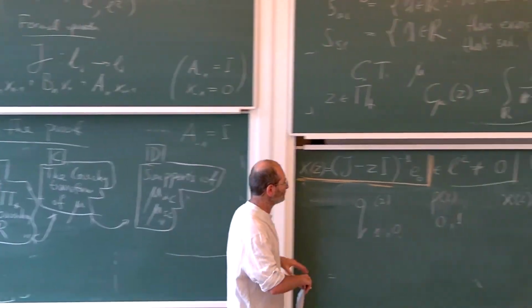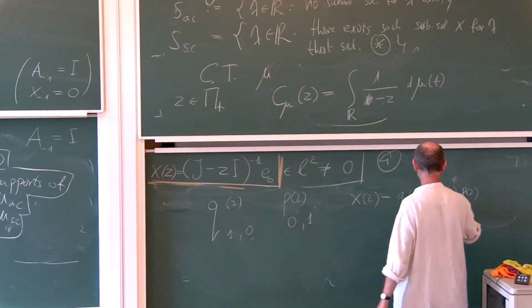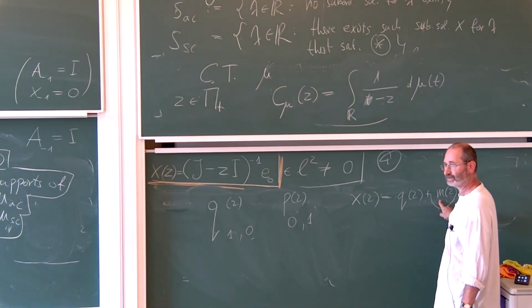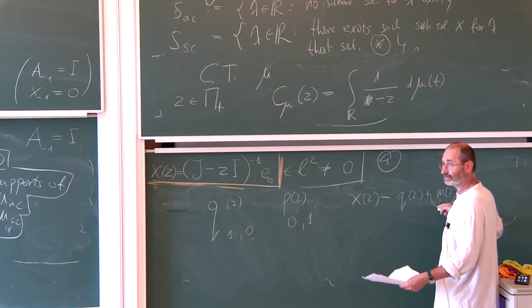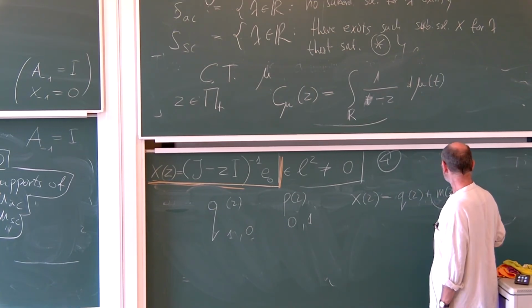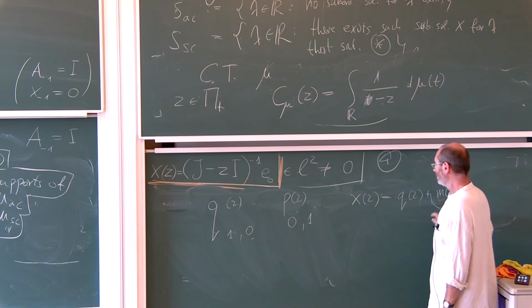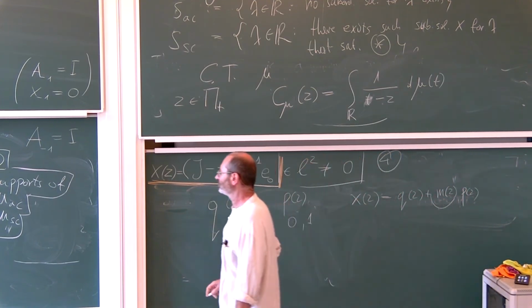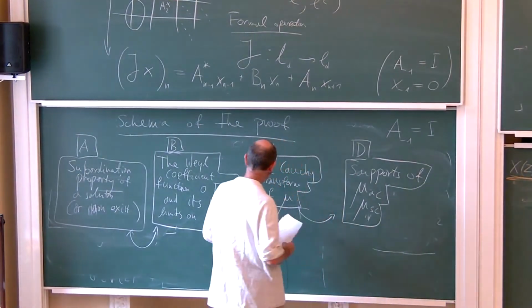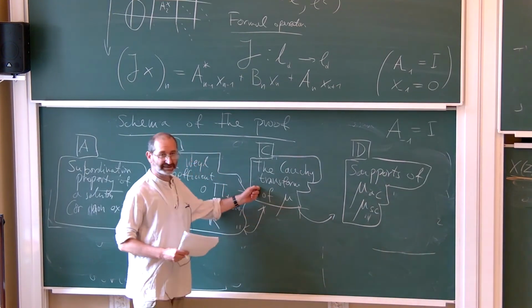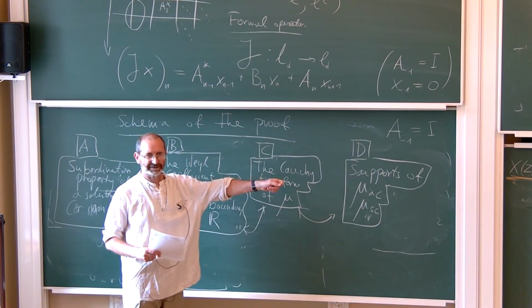For each z, this is a number which is the value of the Weil function. And now you can easily prove that this and this are just the same with such a definition.